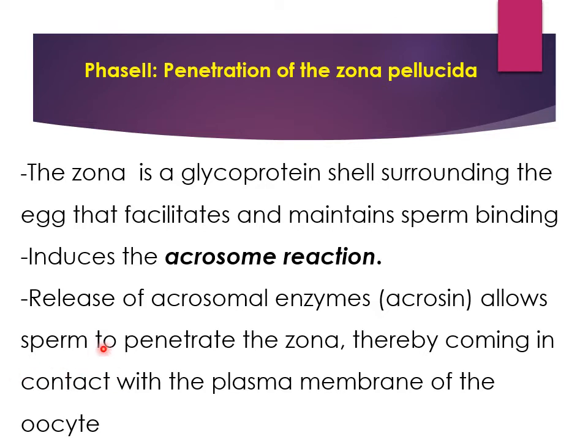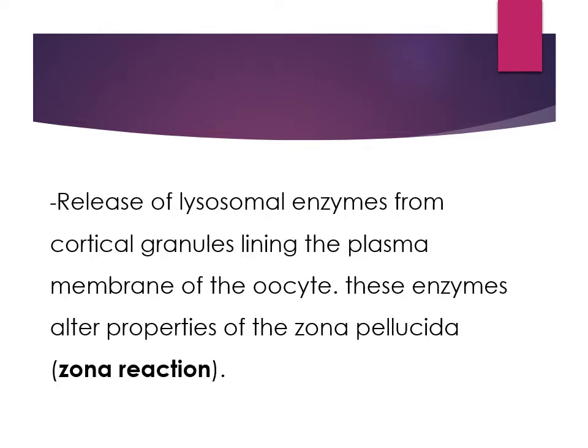This will allow the sperm to penetrate this glycoprotein shell, thereby coming in contact with the plasma membrane of the oocyte. Release of lysosomal enzymes from the cortical granules lining the plasma membrane of the oocyte occurs at this stage. These enzymes will alter the properties of the zona pellucida. This is named the zona reaction.